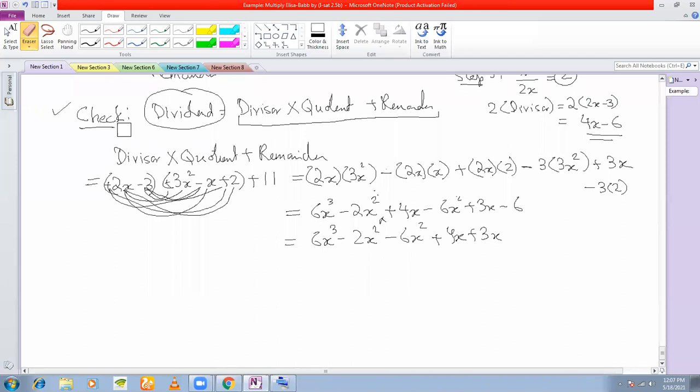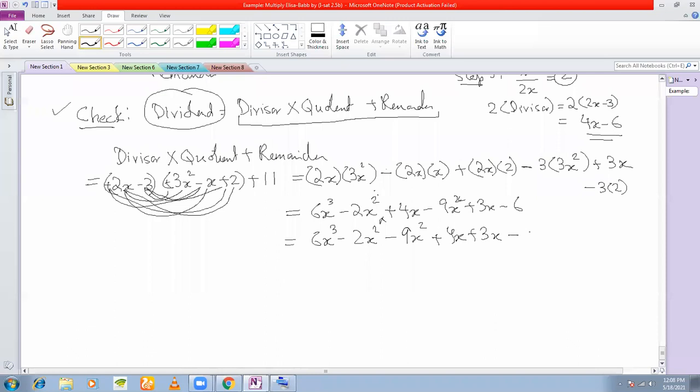So 3 into 3x, 9 square. Yes, it should be 9. This is 9. Fine. Now this is okay. So this also becomes a 9. Okay, now I was taking the like terms together. Now you have x I have taken together.